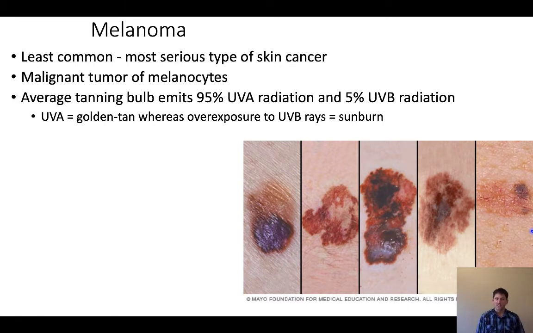UVA is your golden tan, that's what you want. But too much of that UVB, even only 5% of the radiation, causes sunburn and can trigger damage to those cells. It's damaging the DNA because maybe there's not enough melanin to protect it.